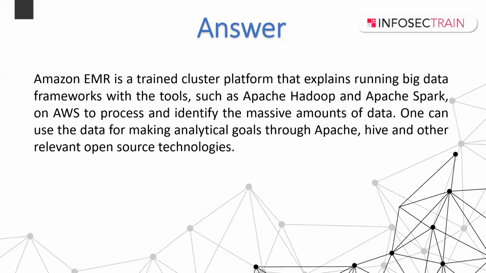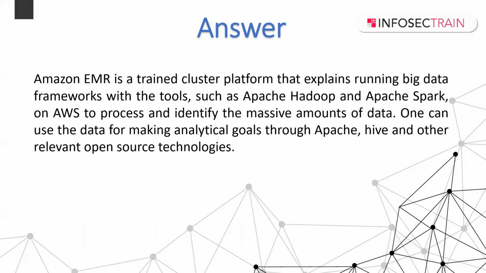First of all, team, Amazon EMR was previously called Amazon Elastic MapReduce, and it is a managed cluster platform that simplifies running big data platforms such as Apache Hadoop and Apache Spark on AWS to process and analyze vast amounts of data.